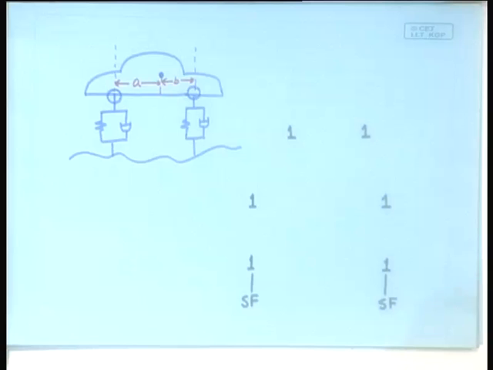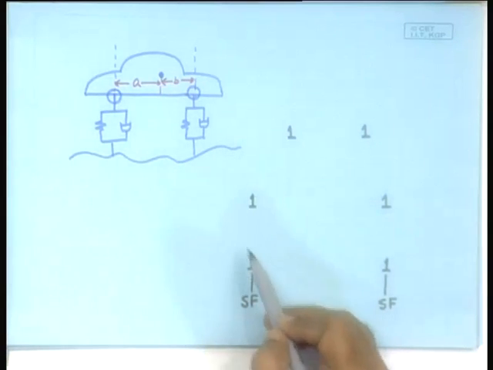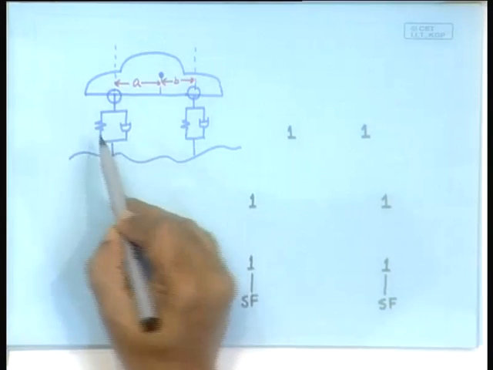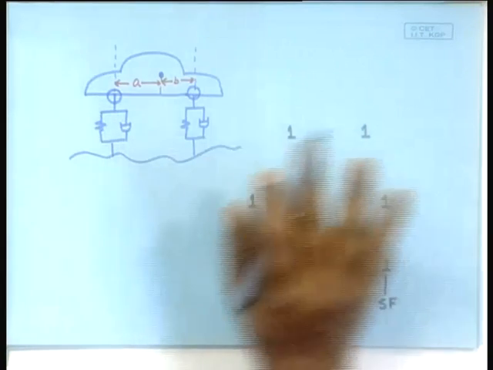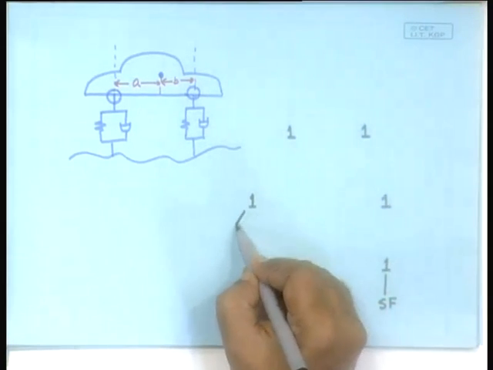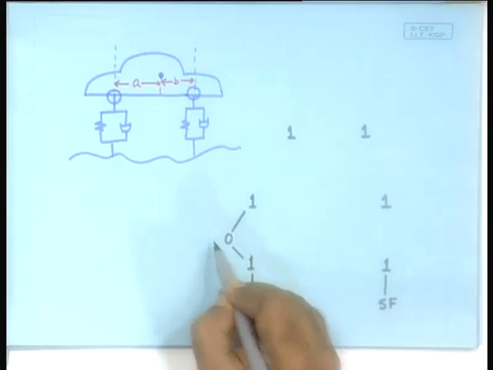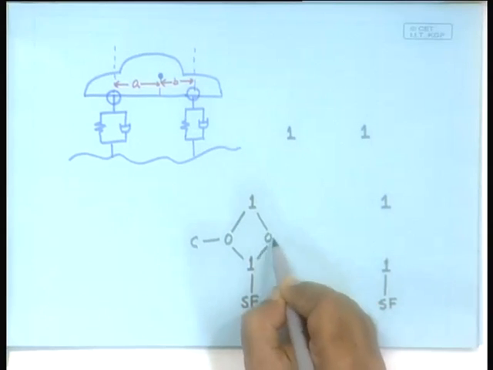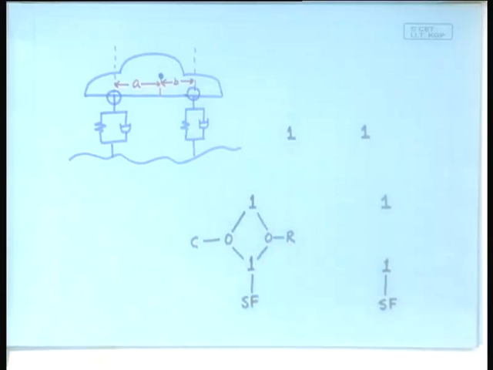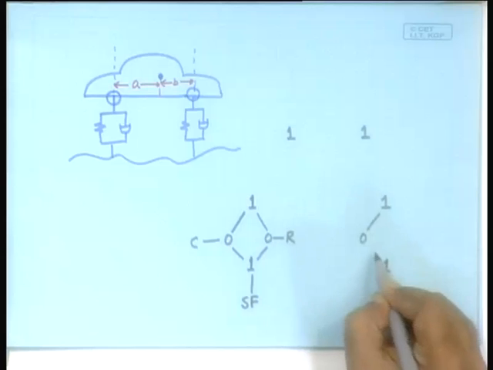Now, in between this point and this point, you have the spring damper arrangement, whose representation we already know. So, this will be like this.